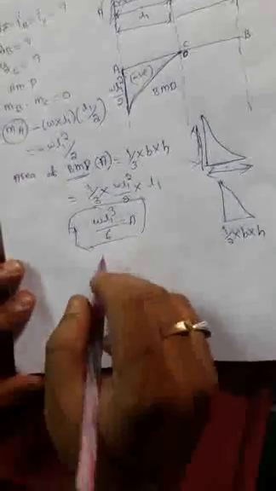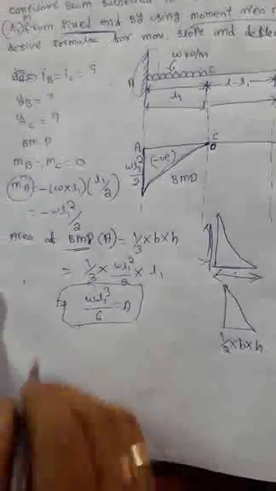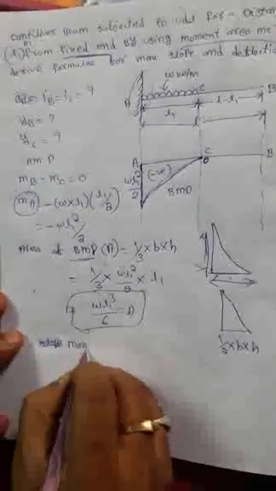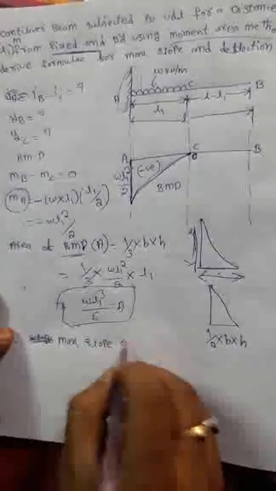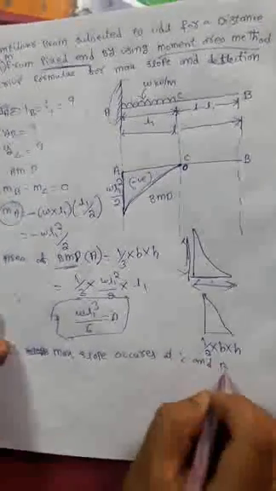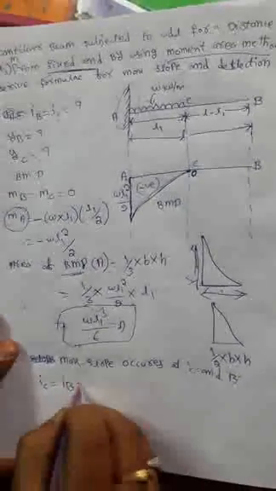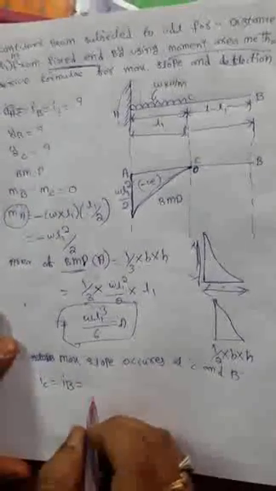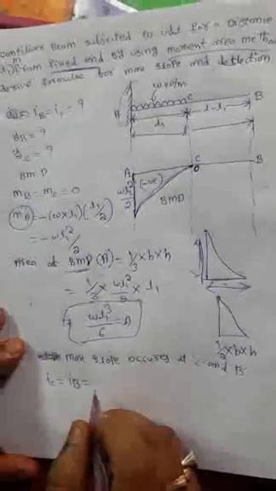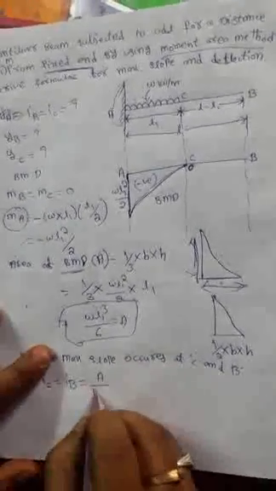And next we are going to find the slope at C and B. First, the maximum slope occurs at C and B. So theta C equals theta B, and we already know the equation: Mohr's theorem 1 represents the slope, with the formula A by EI.